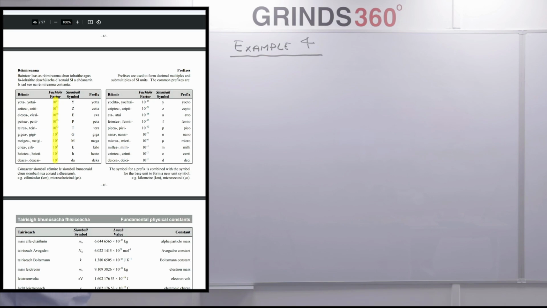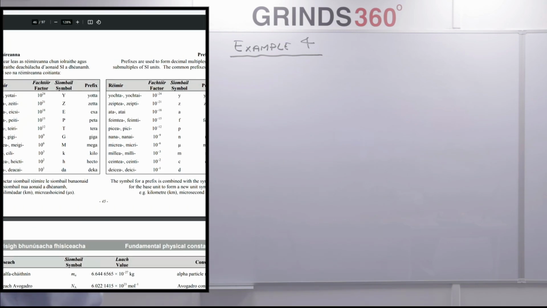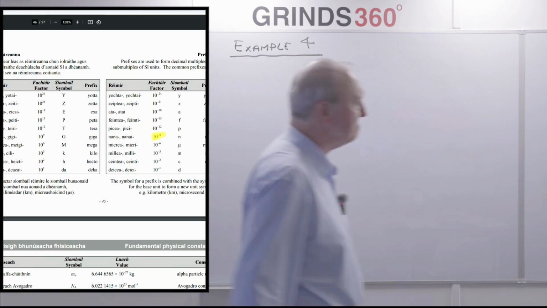On the right-hand table, we have all the smaller, tiny prefixes. I'm looking for nano. The nano is here, little n. And that represents 10 to the power of minus 9. So become aware of page 45. It's going to be very important in your exam.